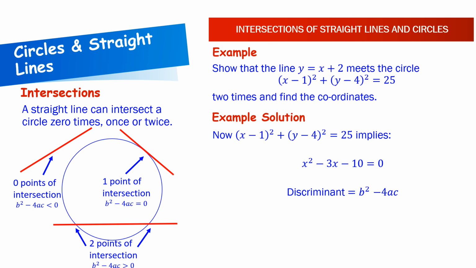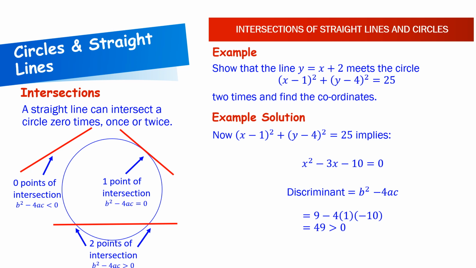In order to find the number of roots of this equation, consider the discriminant b squared minus 4ac. This equals (minus 3) squared, which is 9, minus 4ac, which is 4 times 1 times minus 10.